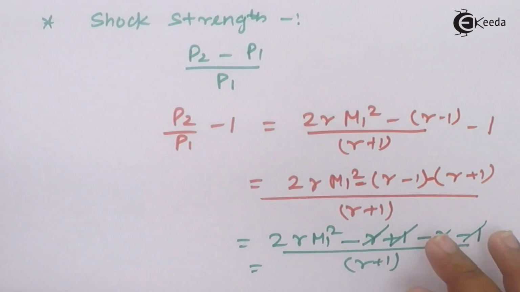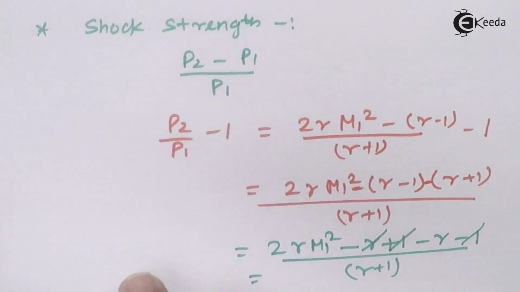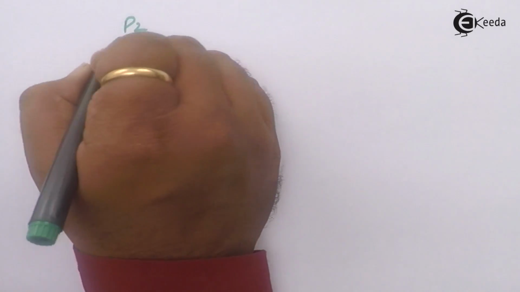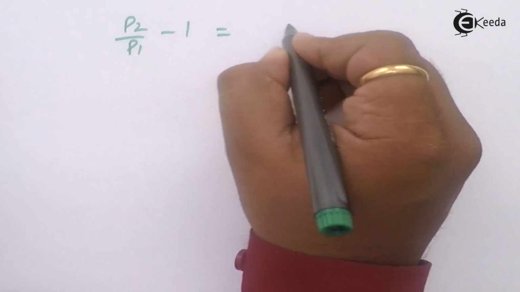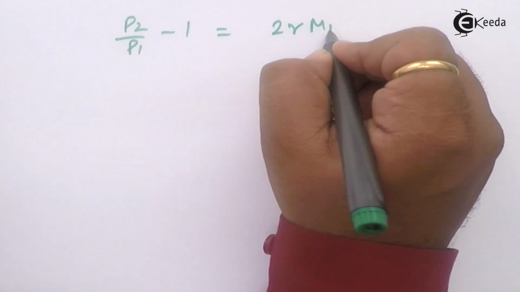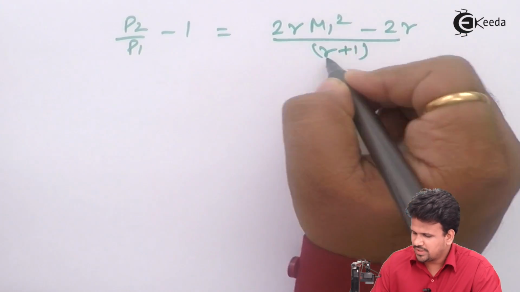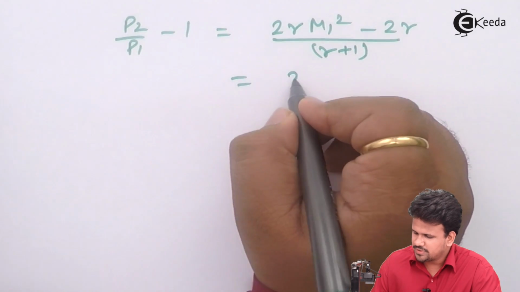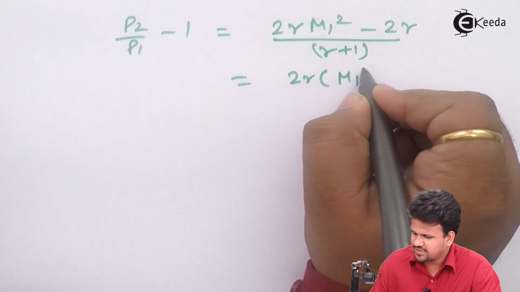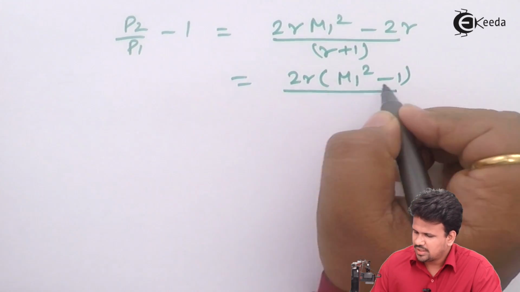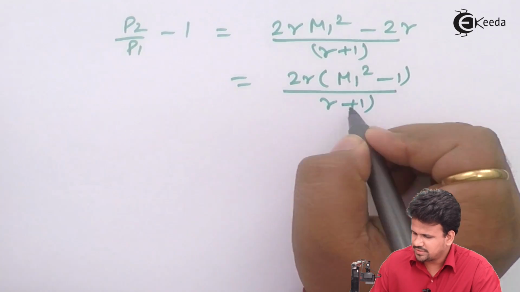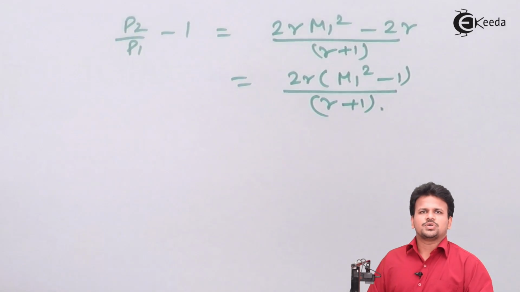So the numerator will give us P2 by P1 minus 1 equal to (2 gamma M1 square minus 2 gamma) upon gamma plus 1. If we take 2 gamma common over here, this is 2 gamma (M1 square minus 1) upon gamma plus 1. So this is the shock strength.